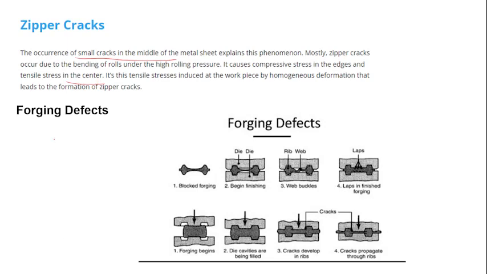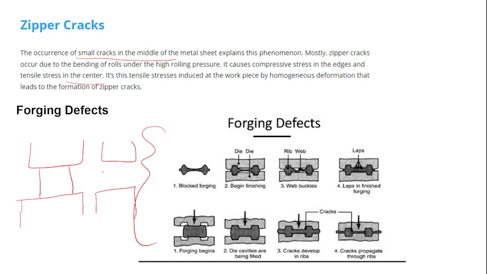Forging: mostly these are the closed die forging defects. In open die forging, mostly only one kind of defect will form, that is barreling. What does that mean? Suppose you're trying to plastically deform this one, but your material's formability is not so good, and the application of your pressure is not proper.